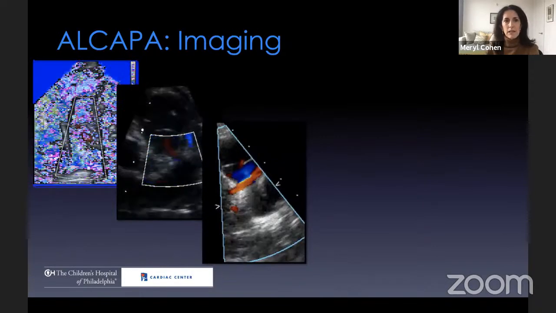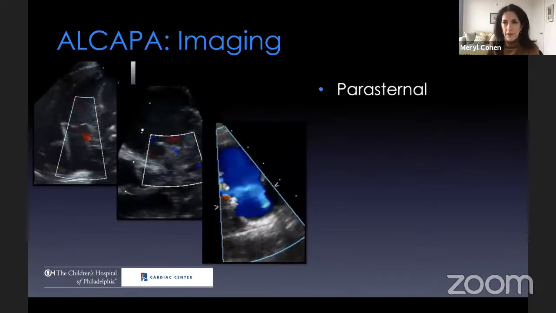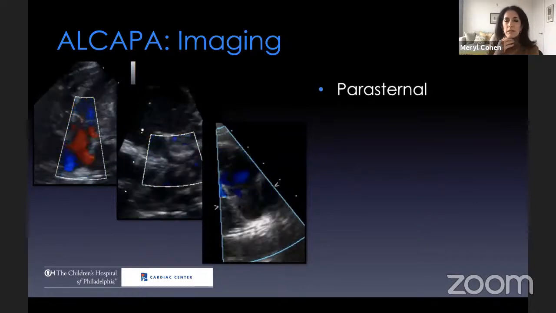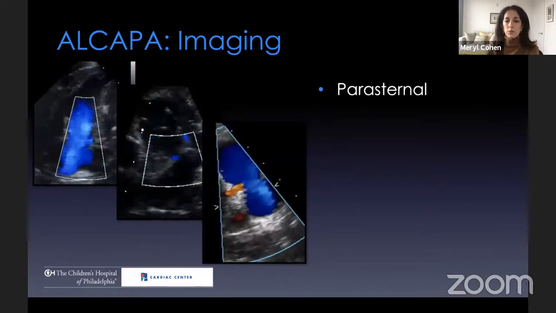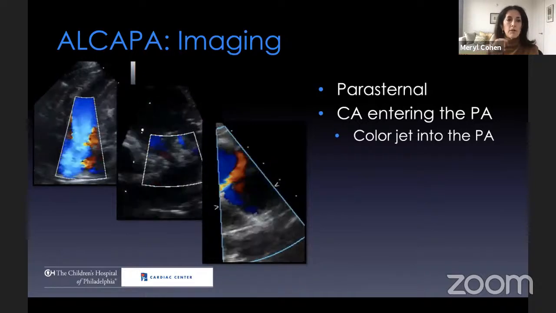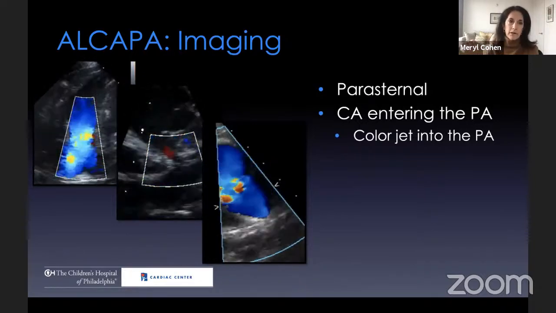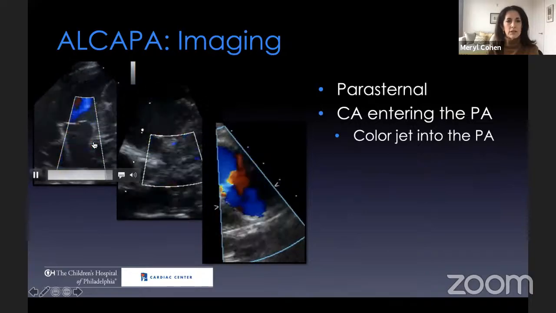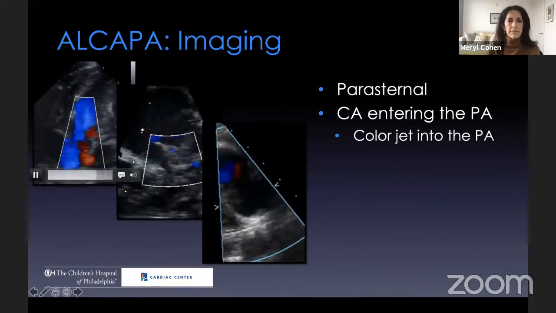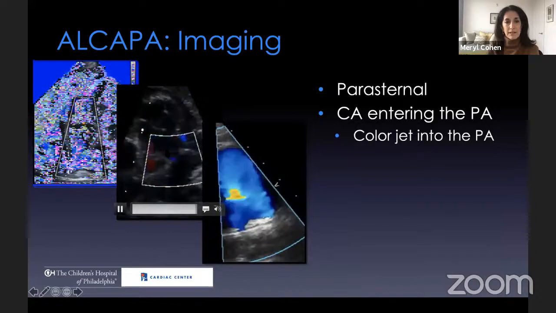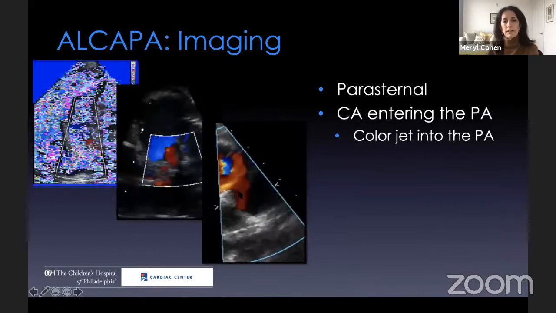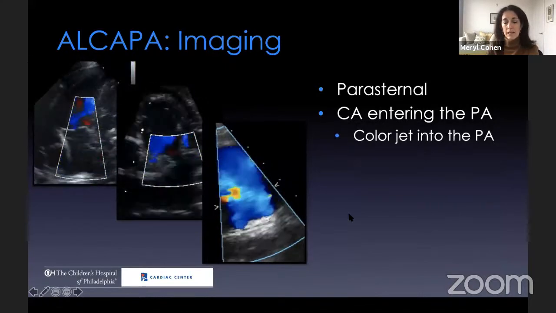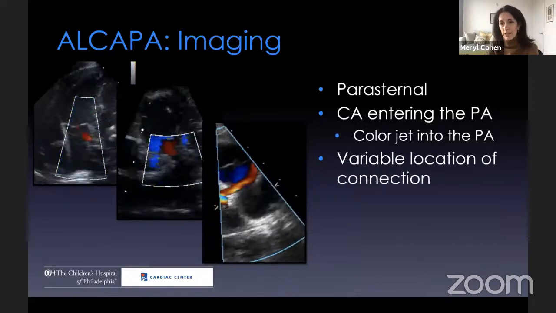Often we get lucky and we will notice other things about this patient, and particularly in the parasternal view, you will see flow from that abnormal coronary artery entering the pulmonary artery. So you see that color jet. Here you see it on the leftward side. Here you see it basically sitting on top of the pulmonary artery, and here coming from the right. So you can see it can come from any location.